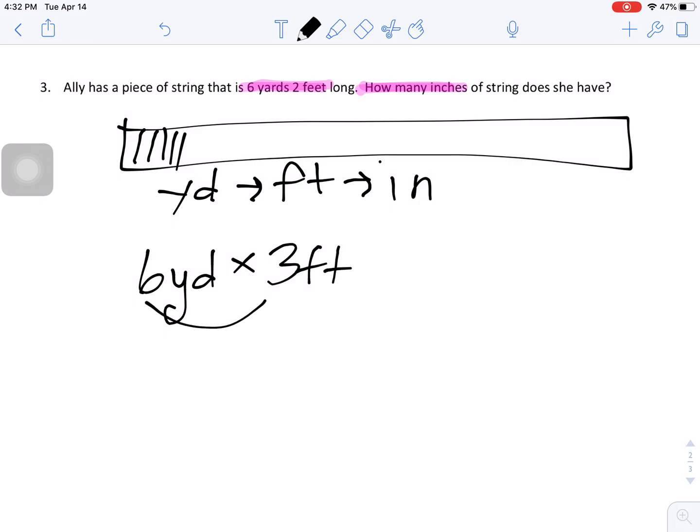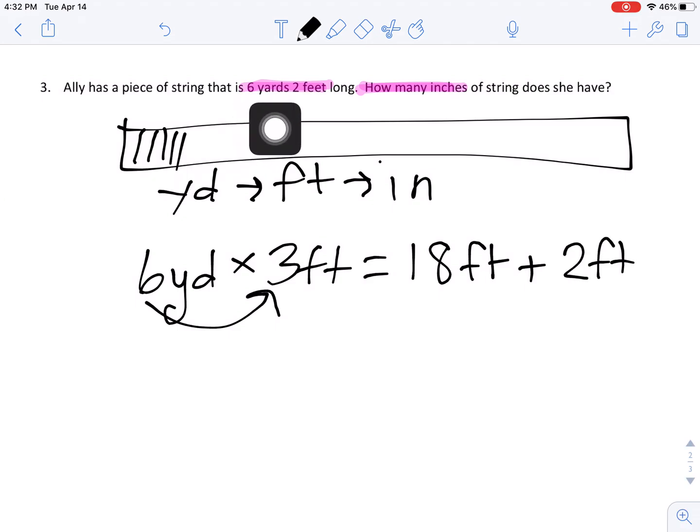So I'm going to go 6 times 3 equals 18, and we have turned our yards into feet. Or I could have scrolled back up to my conversion table and just looked. So she also had 2 more feet. So here it had 6 yards and then 2 more feet. So I would go 18 plus 2 equals 20 feet.